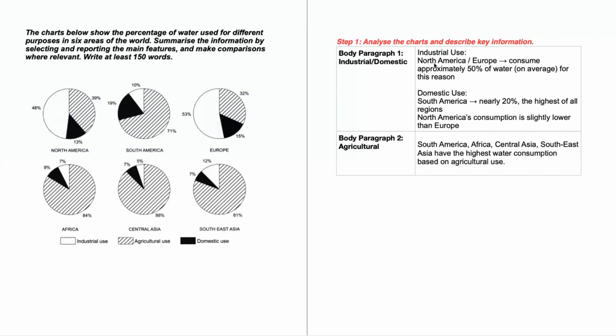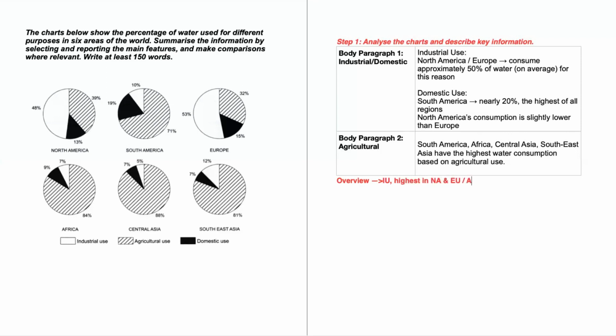compare in your essay. Of course, we do have to talk about the overview. And for the overview, remember, we're looking at significant, highest, and lowest. And basically what we see is that industrial use is highest in North America and Europe. So I'm going to put IU, highest in North America and Europe.